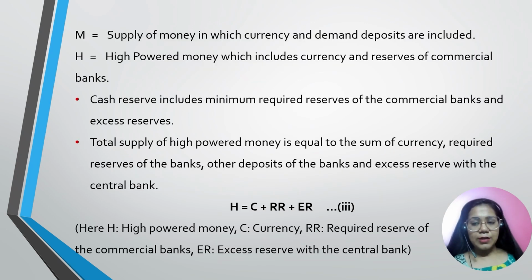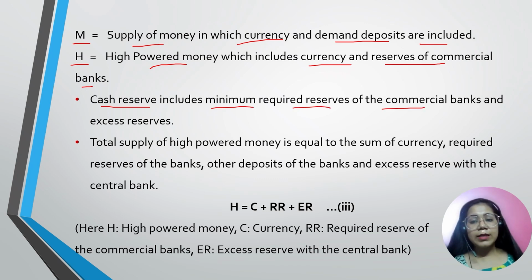Now first let's see the difference between the money supply and the high powered money. Supply of money includes currency and demand deposits, and high powered money includes the currency and the reserves of the commercial banks. Now what are the reserves of the commercial banks? One is the cash reserves, which include the minimum required reserves of the commercial banks and the excess reserves.